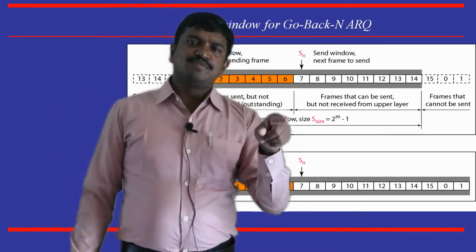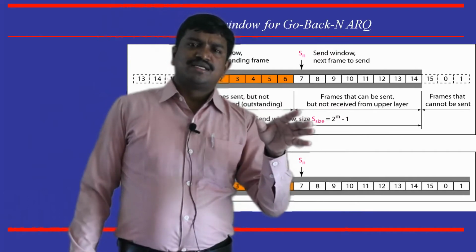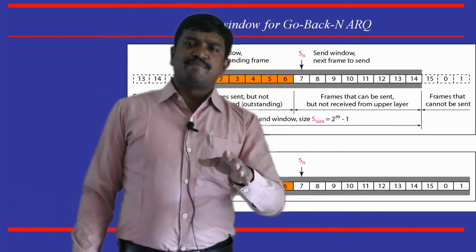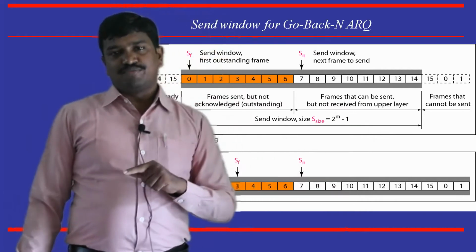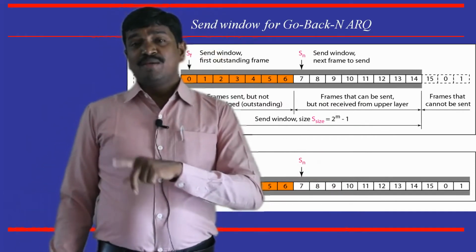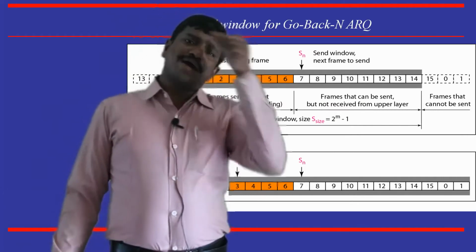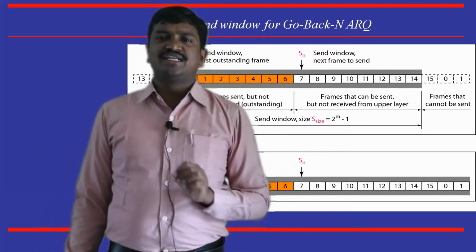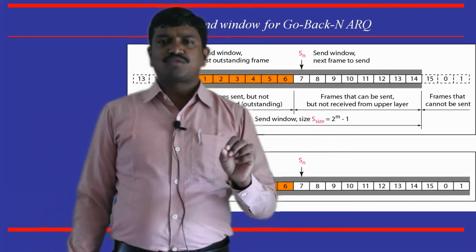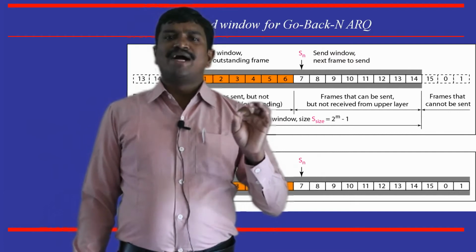The acknowledgement received by the sender says we have received only up to 5. The sender is already at the 10th frame, but it has to go back to the 5th frame and start retransmitting all the packets. That is the reason this protocol is named Go-Back-N.